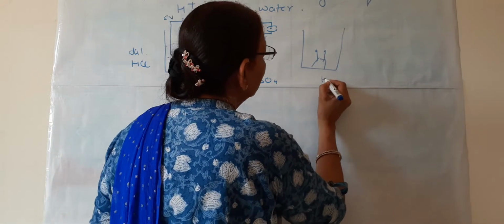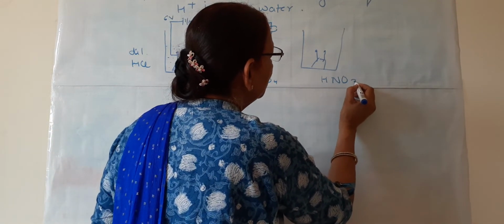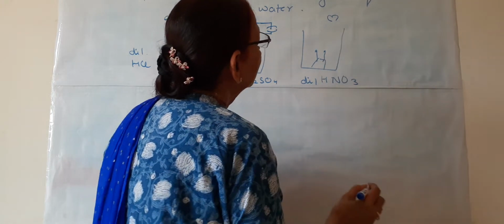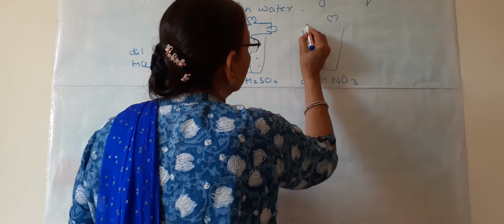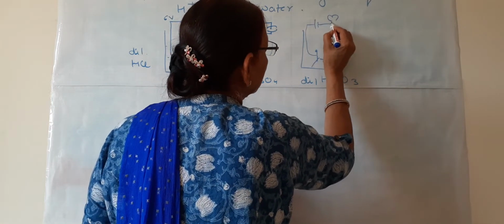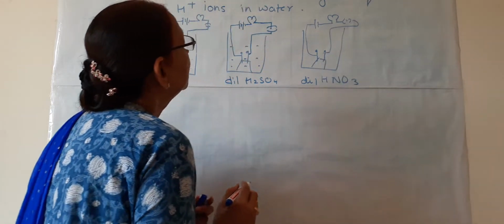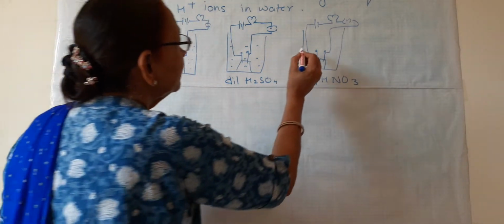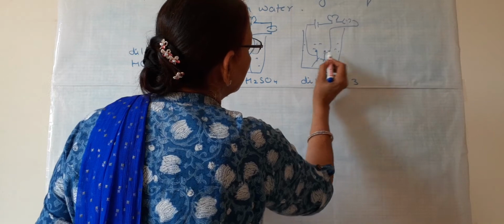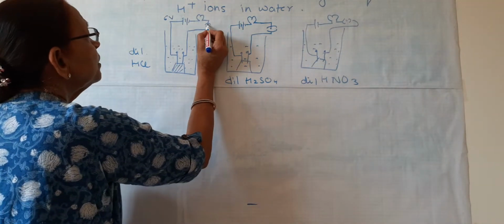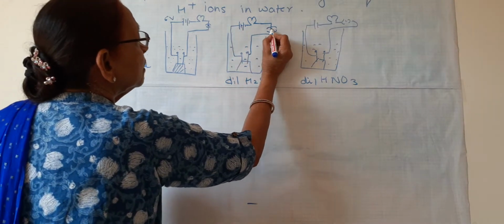In the third, in the same way, dilute nitric acid is put and this bulb is again in the circuit. So these 3 electrolytic cells are prepared. Simple. What happens when we switch on the switch?